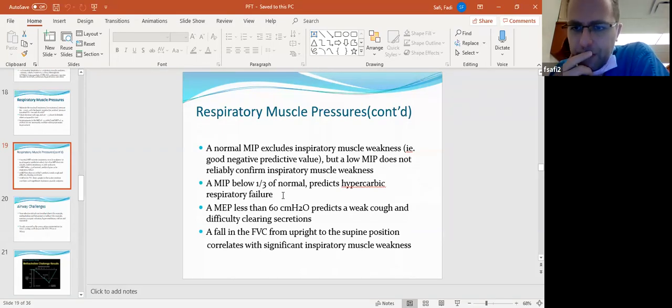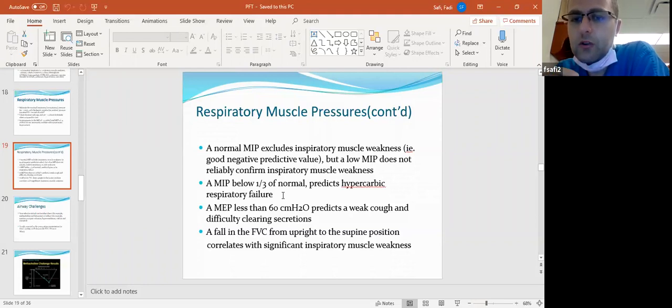But a better way is to measure their maximum inspiratory pressure, their muscle weakness. If the maximum inspiratory pressure drops below 1/3, and as I told you, the normal is about negative 120, if it goes below negative 40, then that's when I know that the multiple sclerosis patient is going into hypercapnic respiratory failure.